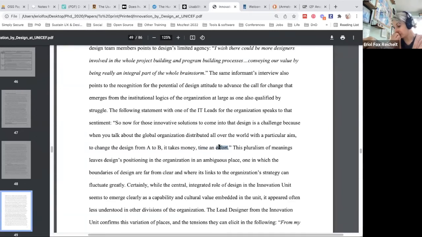This makes this an even more difficult process. It then goes on to talk about how the pluralism of these meanings leaves design's position in the organization an ambiguous place, which is also true of design within open source. It's a very ambiguous place.